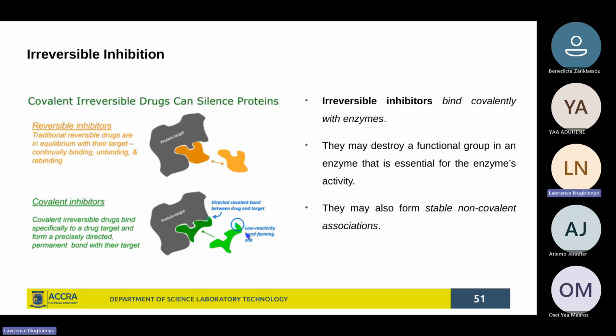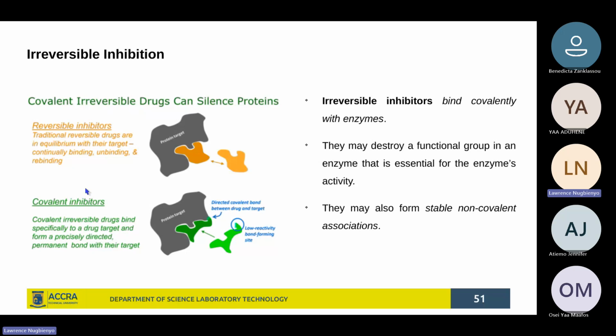Right. Now we can look at some possible irreversible inhibition. Irreversible inhibition means that once there is that effect of an inhibitor on the enzyme, it is permanent. You cannot reverse the effect of the inhibitor on the enzyme.